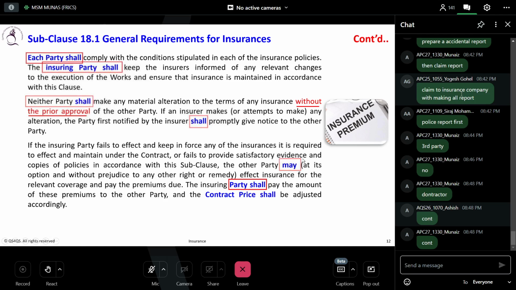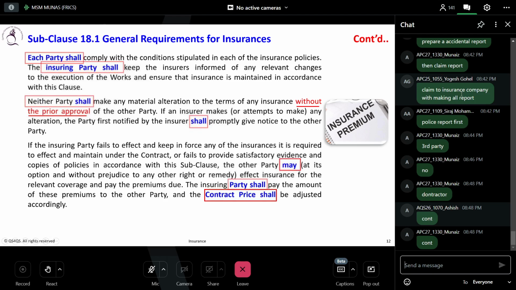Or fails to provide satisfactory evidence and copies of the policies in accordance with the subclause, the other party may, at its option and without prejudice to any other right or remedy, effect the insurance for the relevant coverage and pay the premiums due. The insuring party shall pay the amount of this premium to the other party, and the contract price shall be adjusted accordingly. Right?